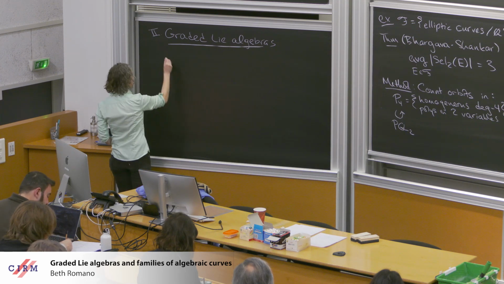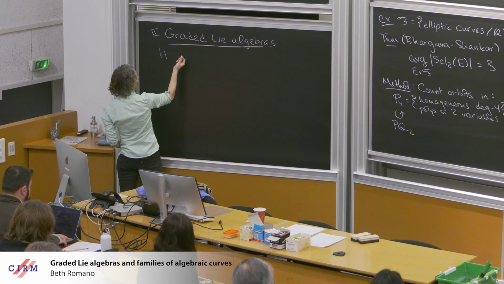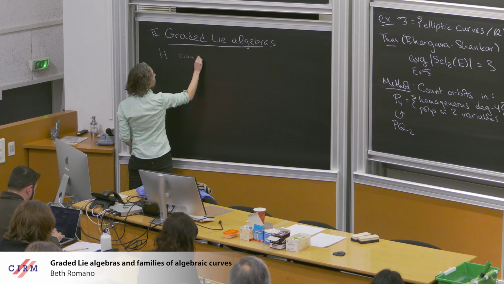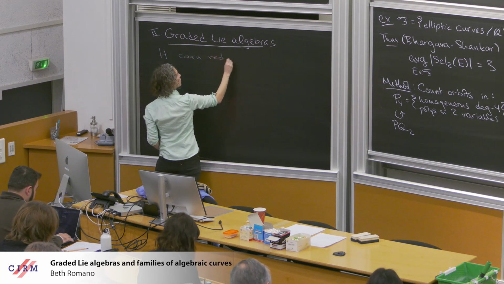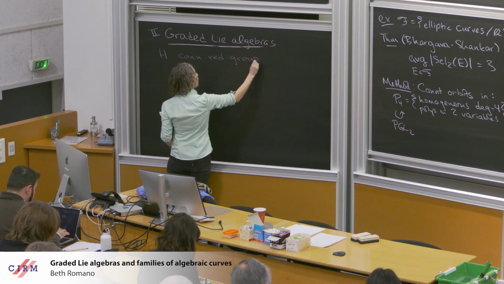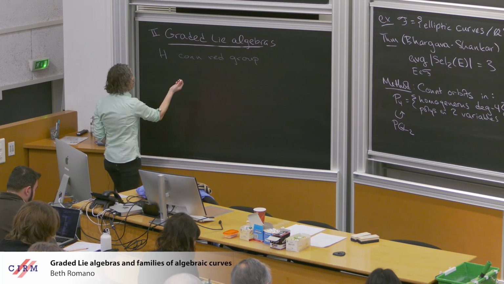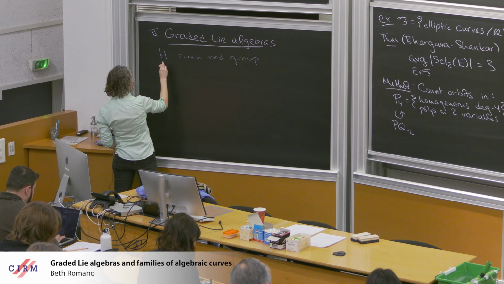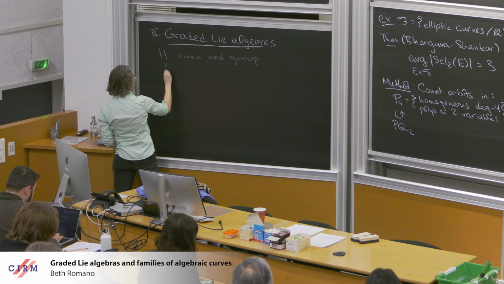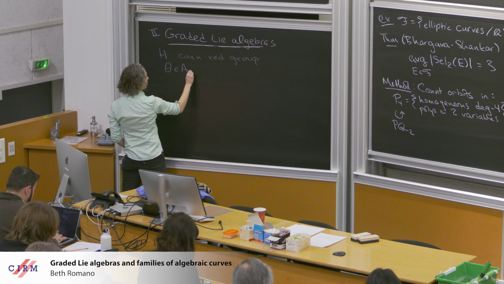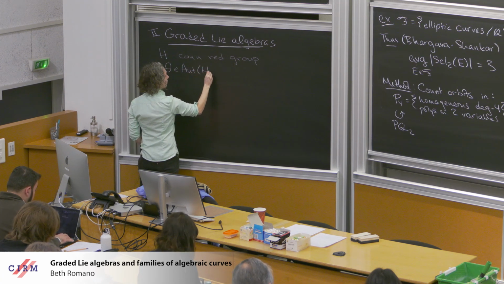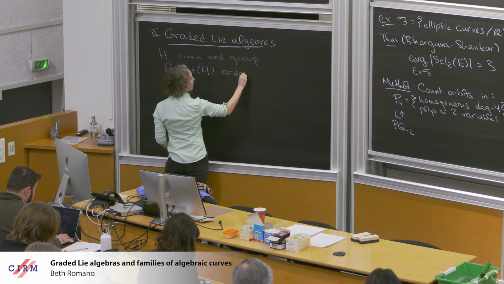We start with H, a connected reductive group. We're not going to worry about what fields we're working over because this works for everything. And start with an automorphism of H of finite order, say order M.